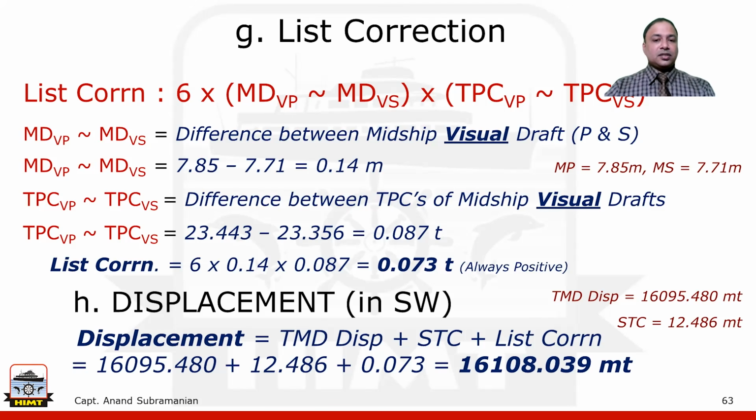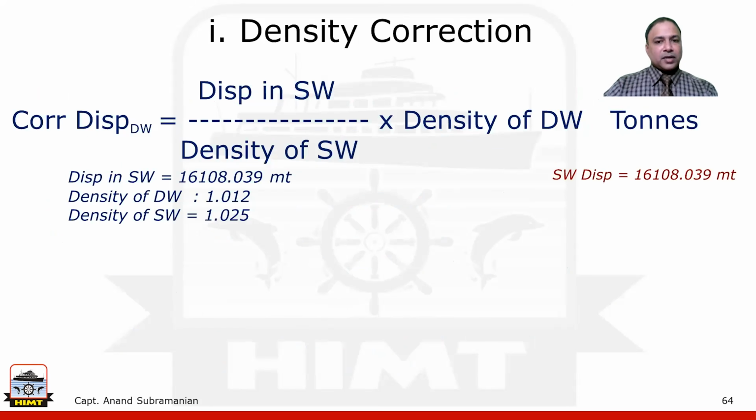The ship is not in salt water, the ship is in the dock water. So now we have to apply the density correction. The formula for that: the corrected displacement of the vessel in dock water is the displacement in salt water, what we got in the previous step. In the numerator, we will have the density of the dock water where we are going to, in this case 1.012.